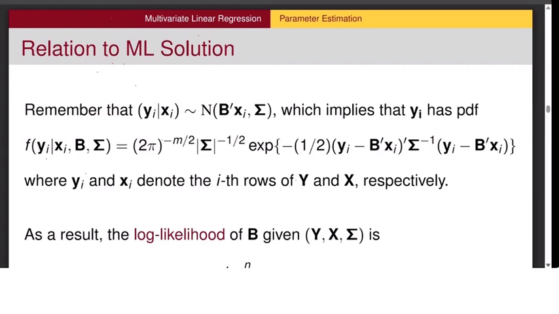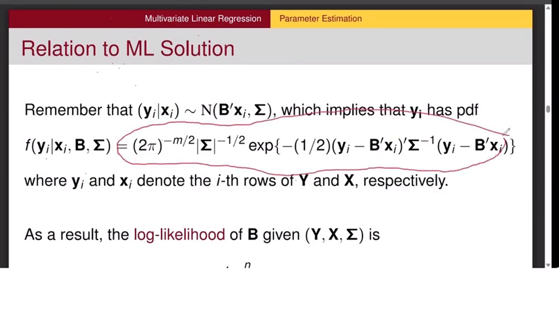The method of ordinary least squares minimizes the sum of square error in order to obtain the optimal estimate of the parameters. But the method of maximum likelihood, on the other hand, relies on assumptions of normality. So you need to be able to write the multivariate normality, assuming the model.